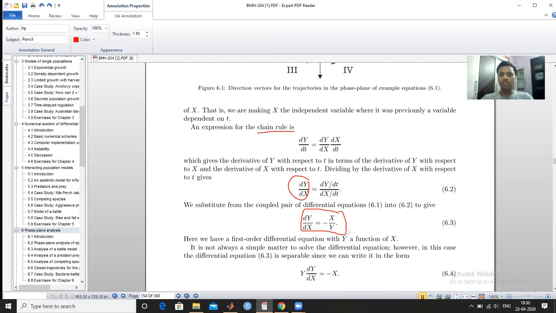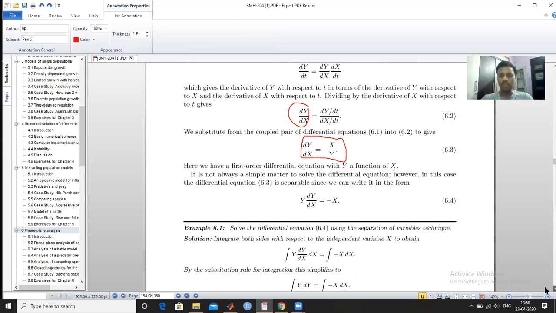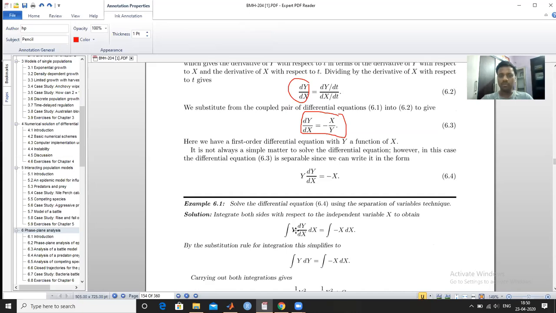You can plot between x and y, and if you want to solve analytically for the relationship between x and y, this is a first order differential equation which is separable. Just separate the variables and take the integration. They have separated it here.